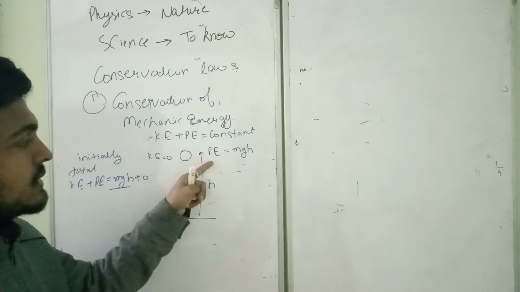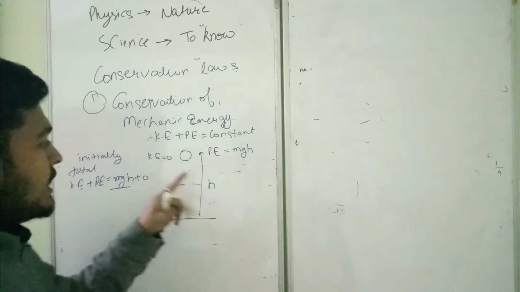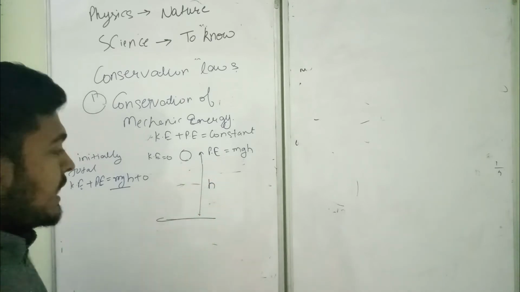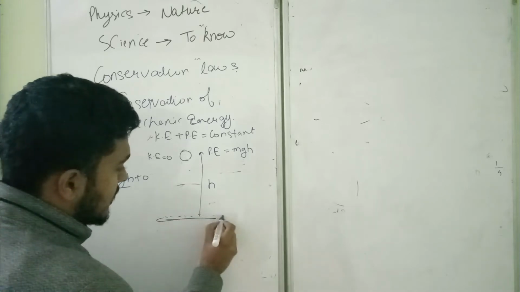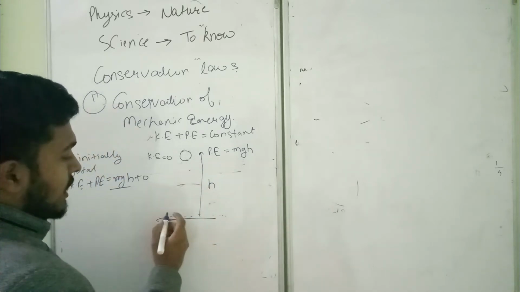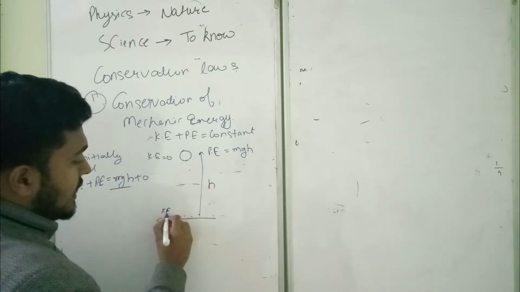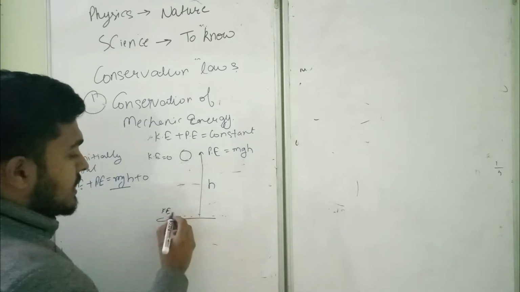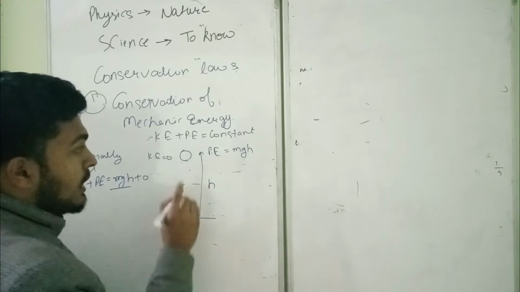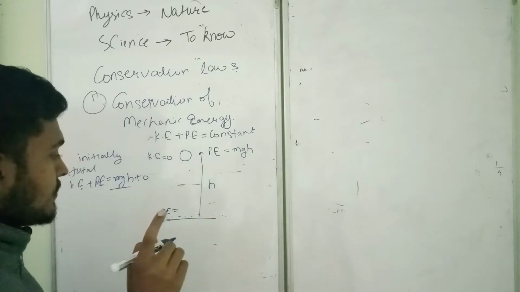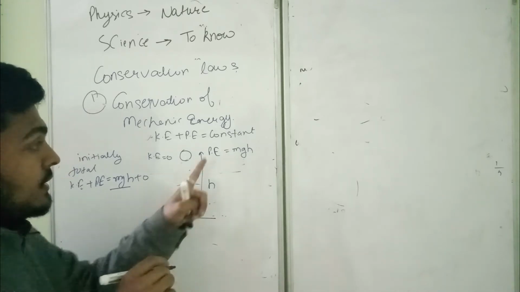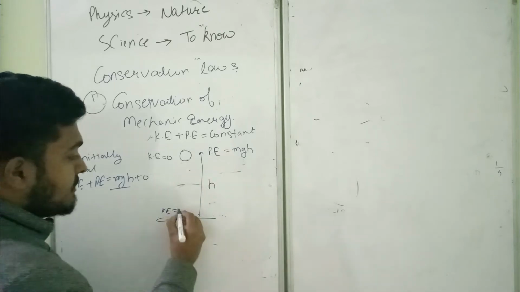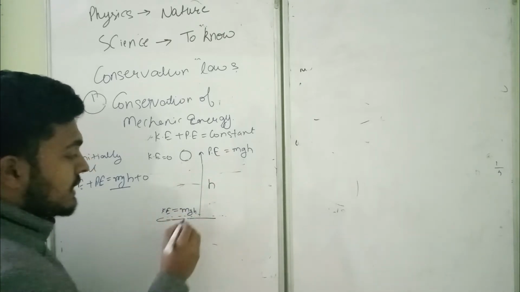The potential energy is slowly changing into its kinetic energy, and just before it hits the ground, the whole of the potential energy has been changed into kinetic energy. So here its kinetic energy will be equal to the potential energy, so its magnitude will be equal to mgh.